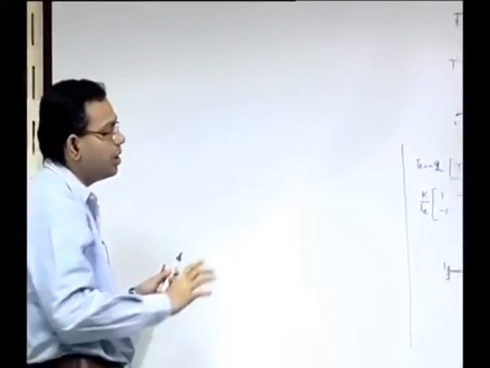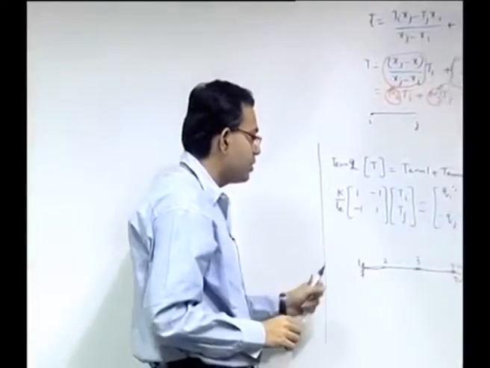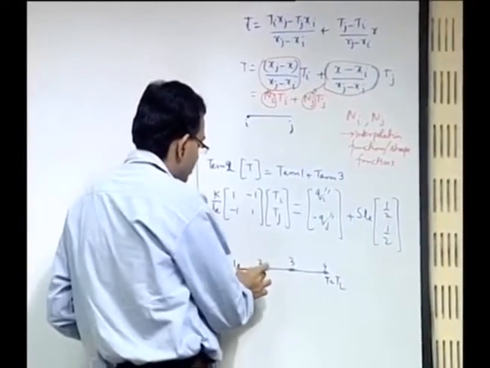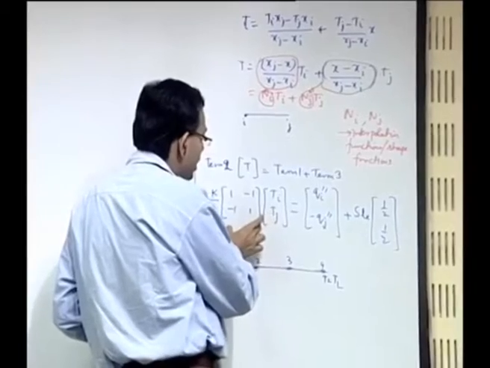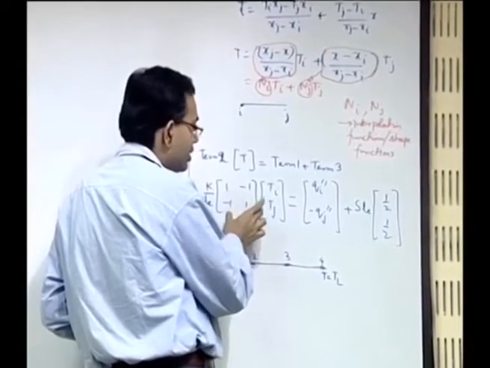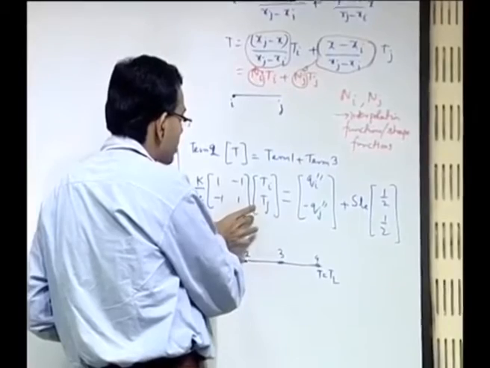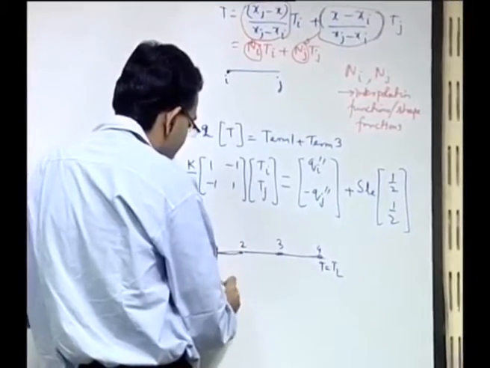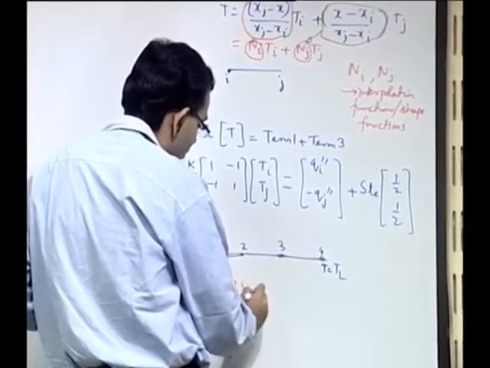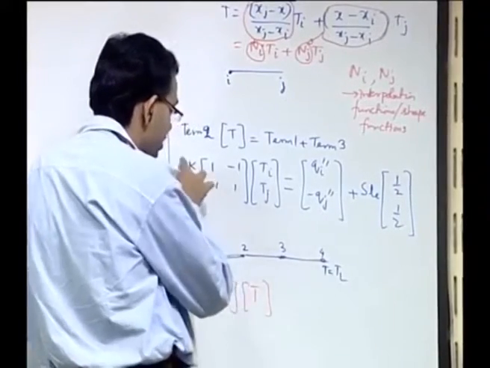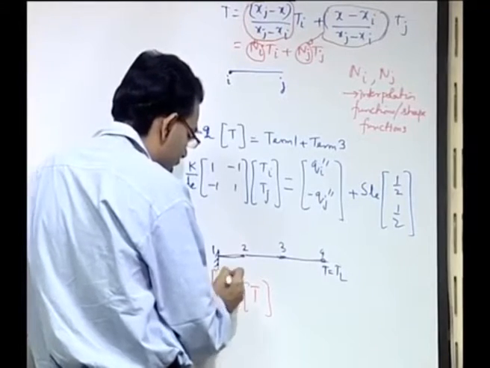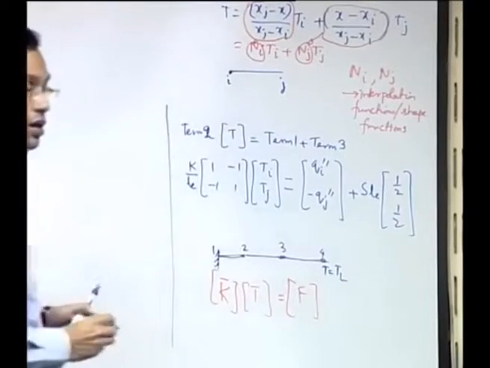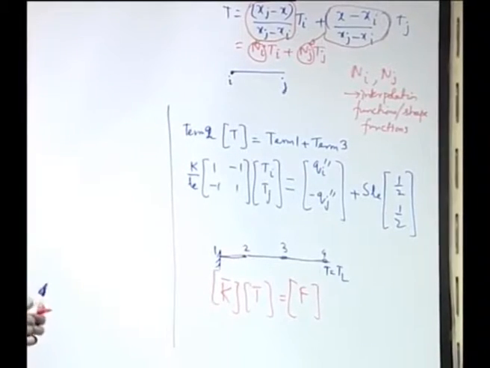Now, there are certain important things that you can observe from here. One is that for each element you are getting a 2 by 2 matrix. The left hand side is of such a form that you can write it as K into T, where it is capital K, different from the thermal conductivity, or let us say K bar into T equal to some F. This is the hallmark of a linear system.